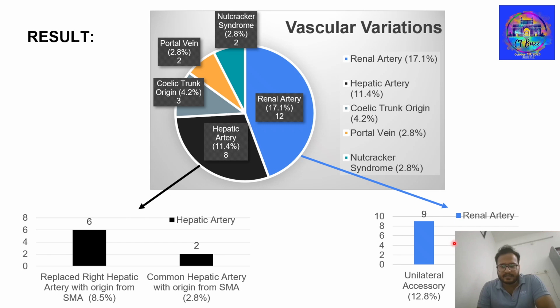Of the 12 patients with renal artery variation, 9 had unilateral accessory artery, whereas 3 had bilateral. In hepatic artery, a total of 8 patients showed variation, out of which 6 patients had replaced right hepatic artery with origin from the superior mesenteric artery, whereas 2 had common hepatic artery with origin from the superior mesenteric artery.